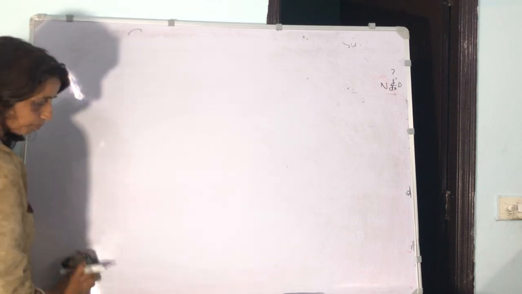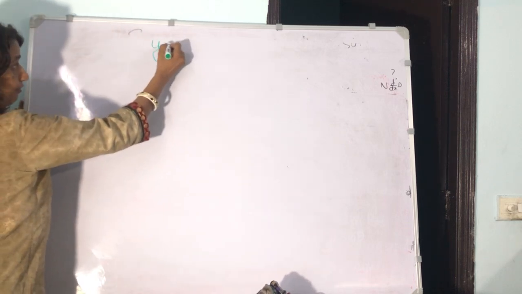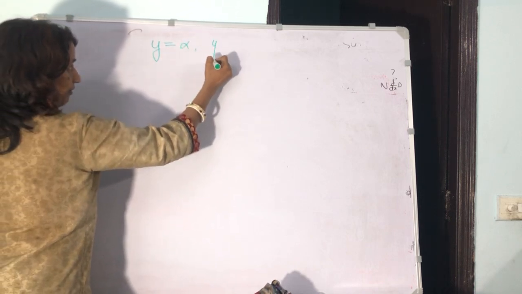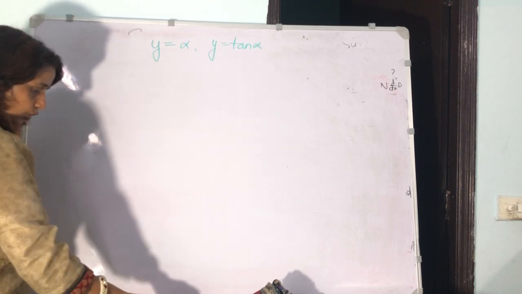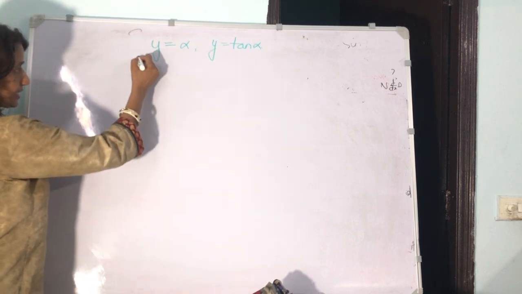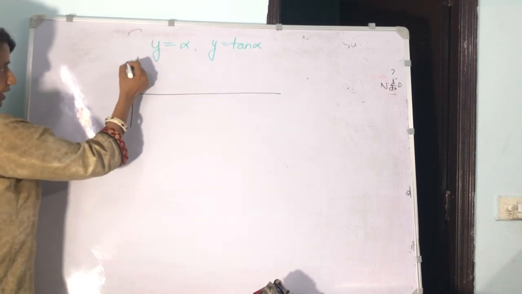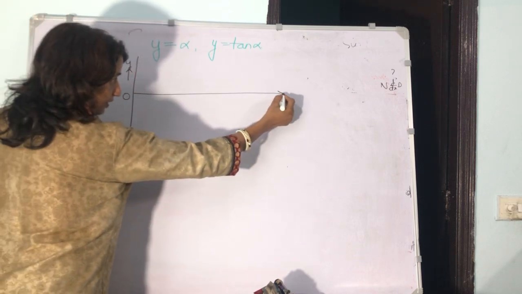We are plotting y equal to alpha and y equal to tan alpha. So if we plot this, it comes out as: y, origin, alpha.